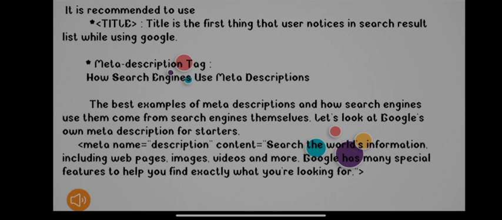Meta is a tag that defines metadata about an HTML document. Means what? Metadata is information about the data. Whatever information we provide in a meta tag is usually short information about the content we have provided in the website.